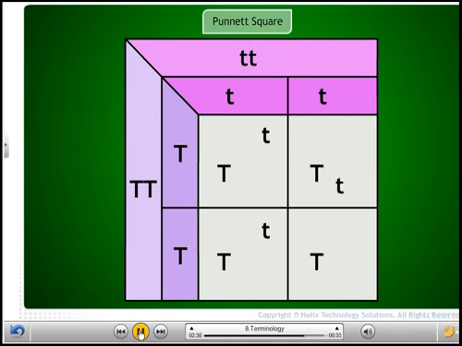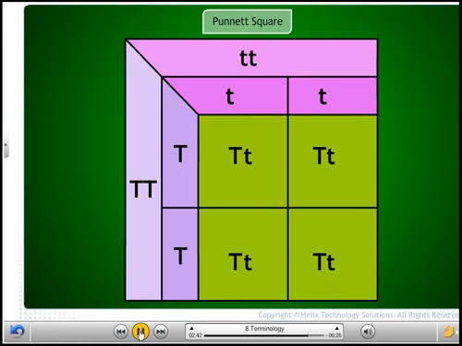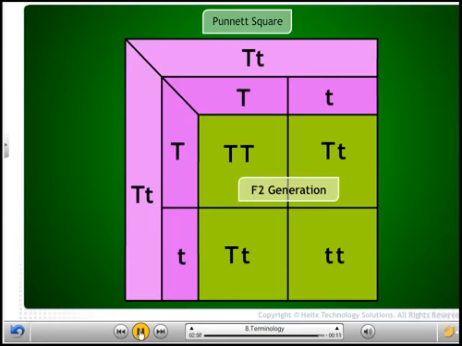Combine the parent alleles and place the offspring's possible genetic combinations in the boxes below. F1 generation is the first filial generation offspring produced by crossing two parental strains. F2 generation is the second filial generation offspring produced by crossing F1s.